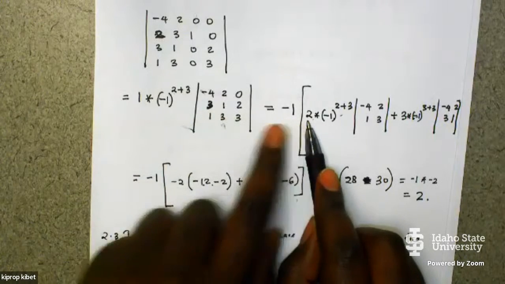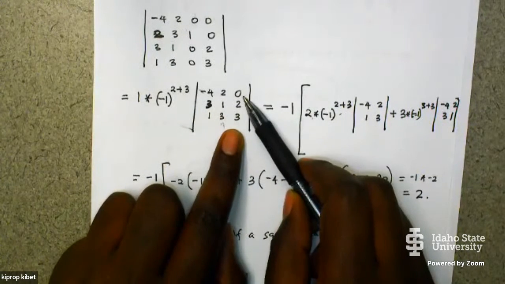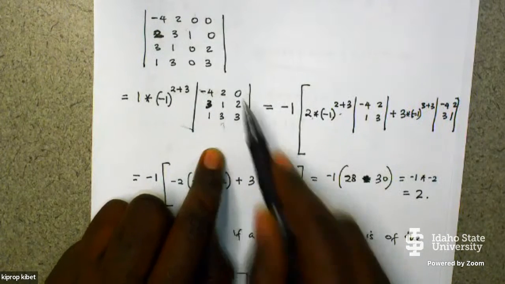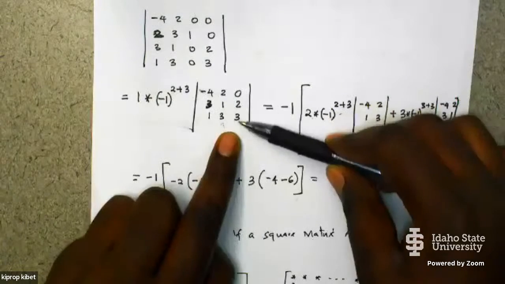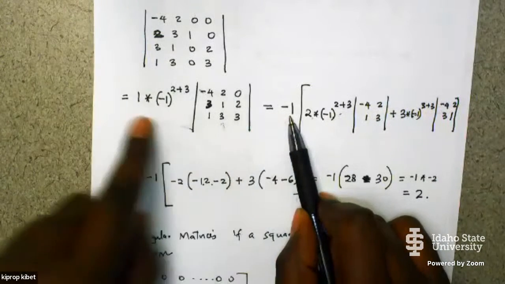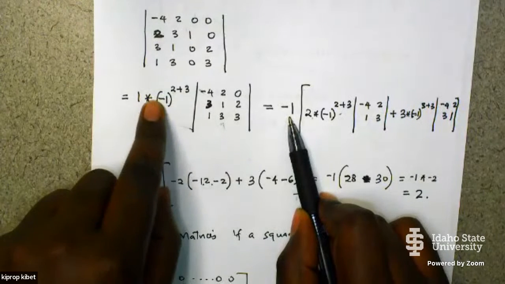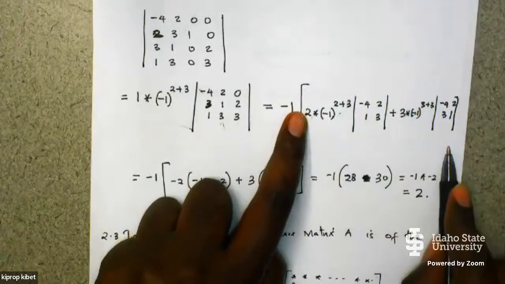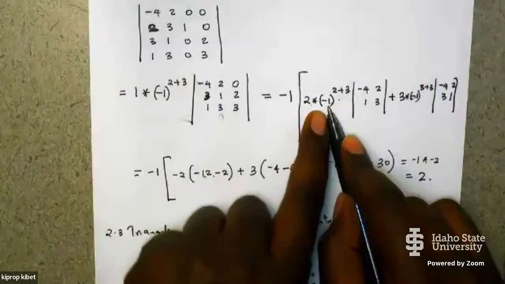And now we are done with this. We come to the next one. Which one has as many zeros as possible? We could have used the first row here, but we decided to use the third column here. So we put this negative outside, since we get -1 here. So it is affecting the whole thing. We have these 2 here multiplied by -1.